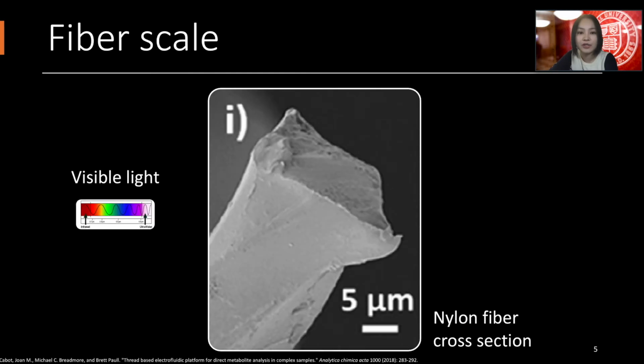On this slide, I'm showing a scanning electron micrograph of a nylon fiber cross-section, and you could roughly compare it to visible light wavelength on this slide. At this scale, wave effects such as diffraction and interference are more obvious, and ray optics is no longer a good approximation.